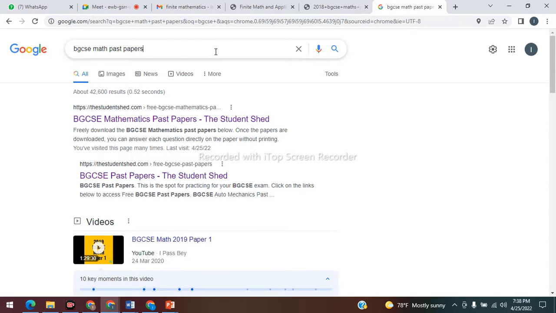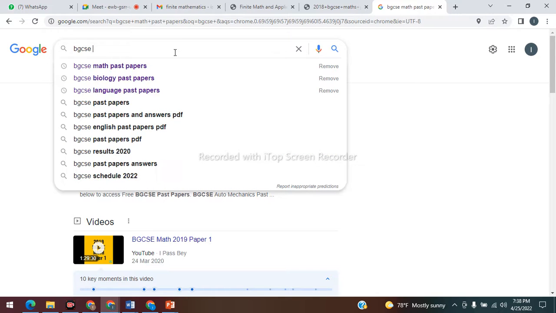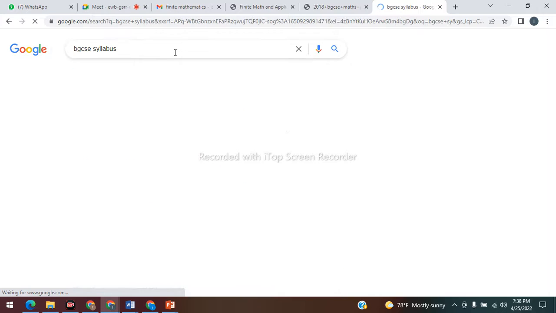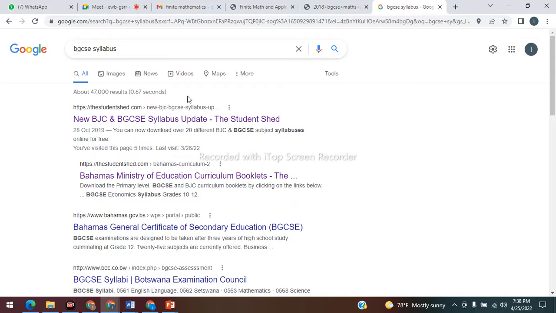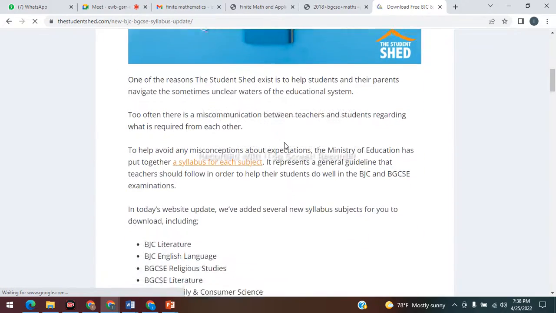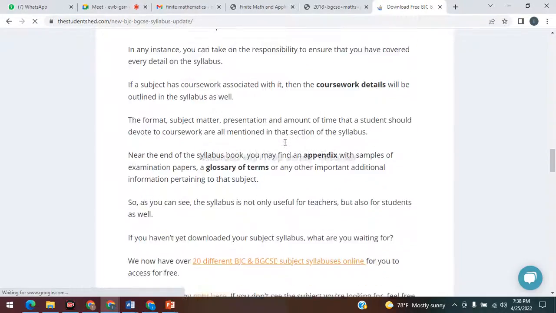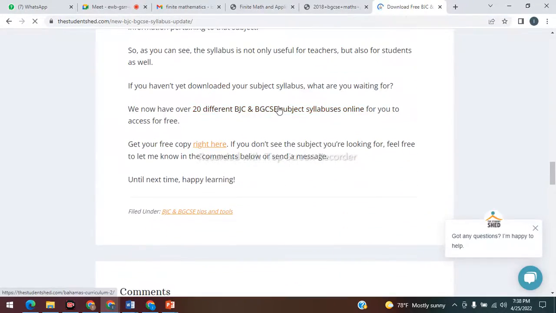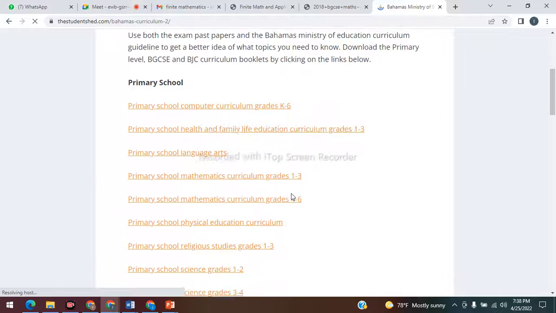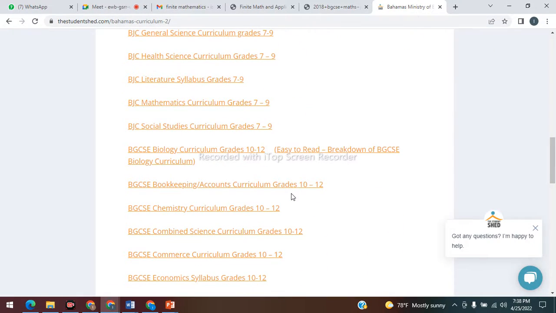So I usually go based off of what I actually see them bringing on the exams instead of what they have on the syllabus, because some of that stuff they don't even bring.